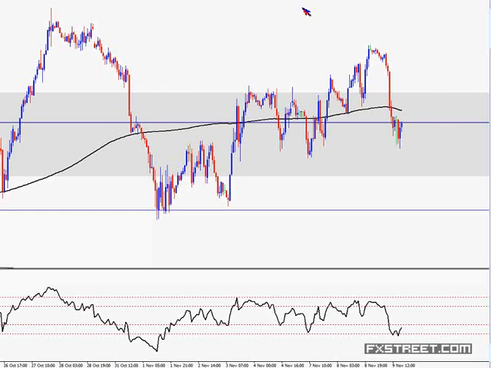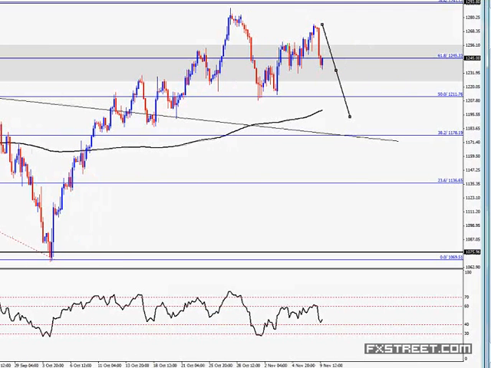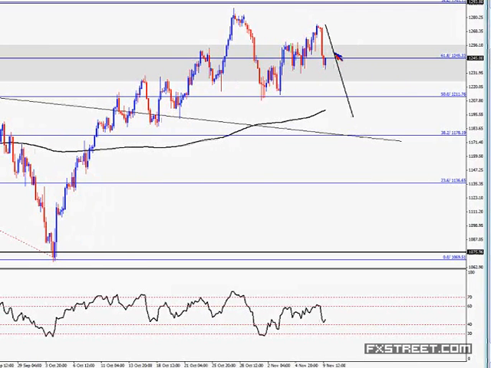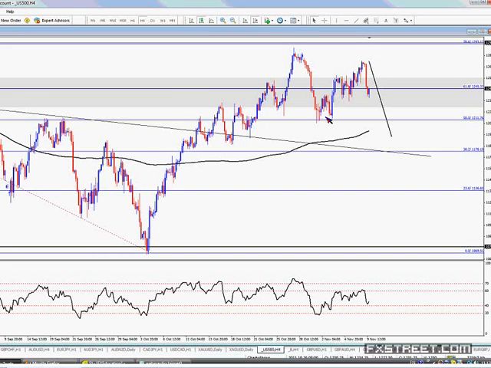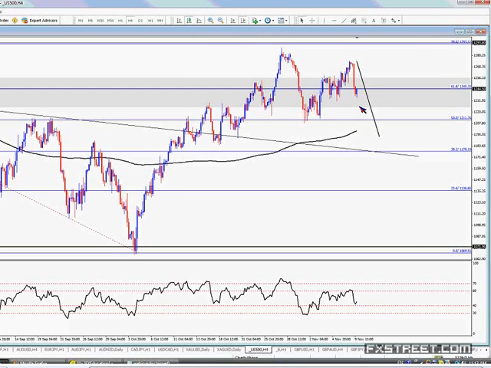And what can we expect in the S&P 500? If we do some kind of swing projection here, at least in the 4-hour chart, we should be clearing some of these pivots here. You see this pivot here, this back here as well. And really what we want to see for further confirmation of risk-off is this price action breaking below this 200 moving average.